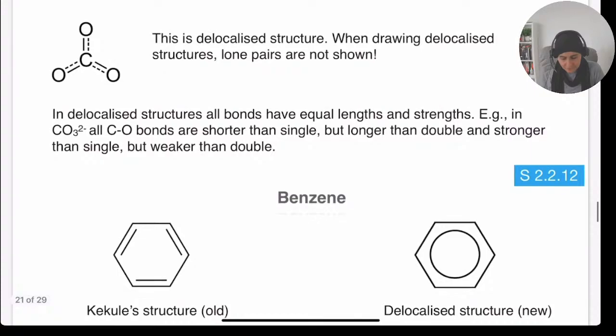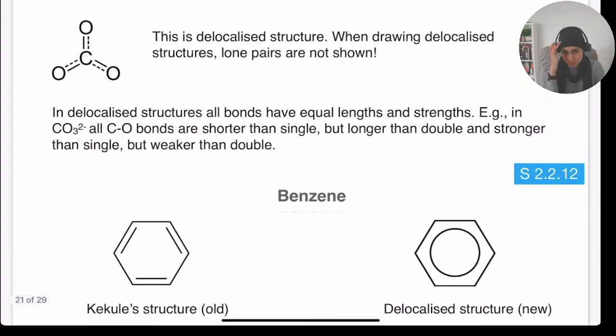And for the delocalization, what do we need to know? If you have a delocalized structure, then the bond length would be somewhere in between single and double. So for example, these bonds in CO3 2-, first of all they all have the same length. They are not like single and double.